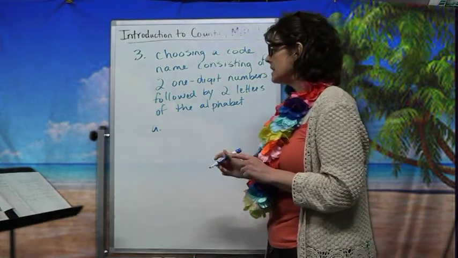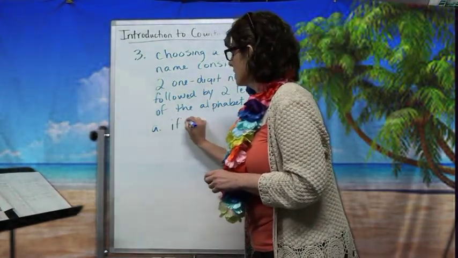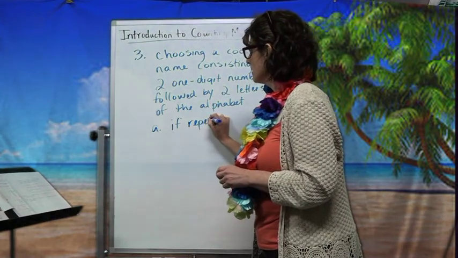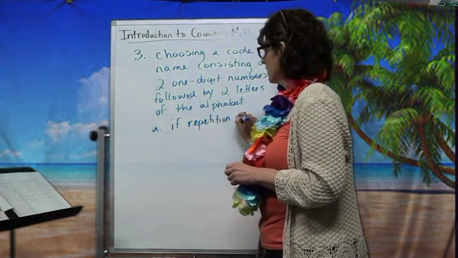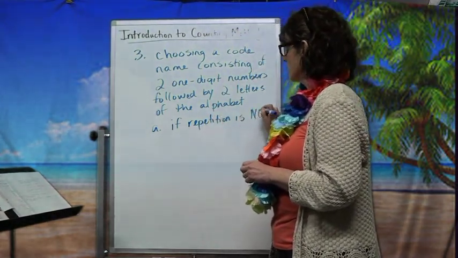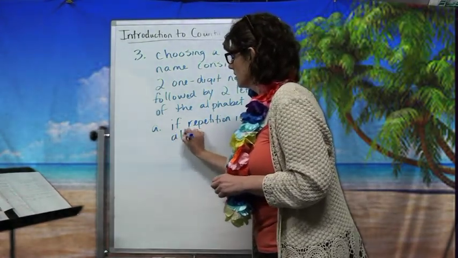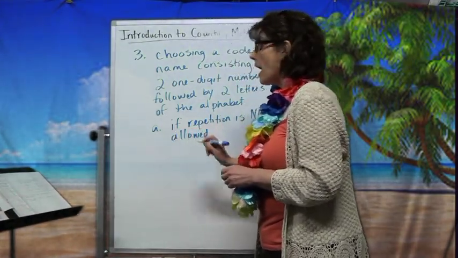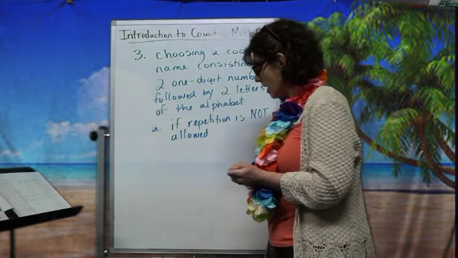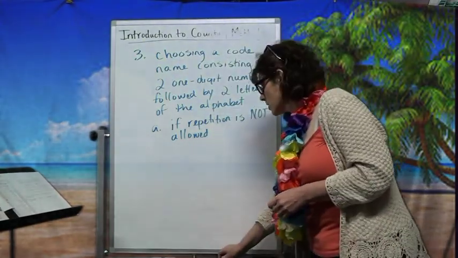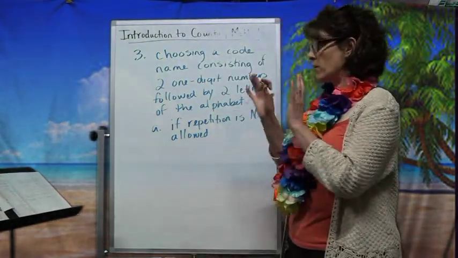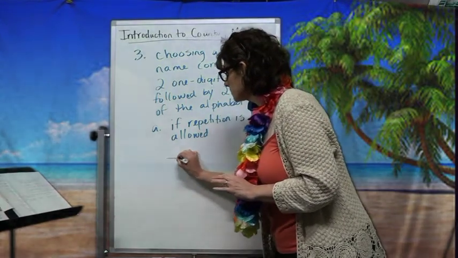Let's say that in the first case, repetition is not allowed. And this is important because let's take a look at the case where, okay, we've got 4 slots to fill.